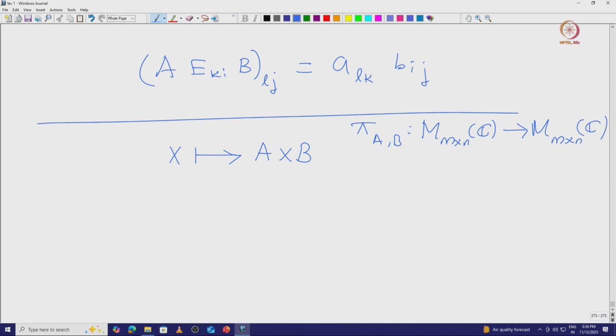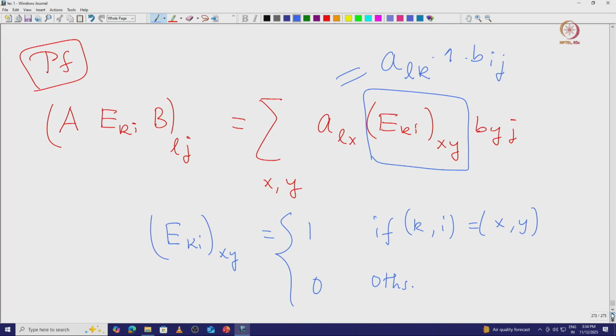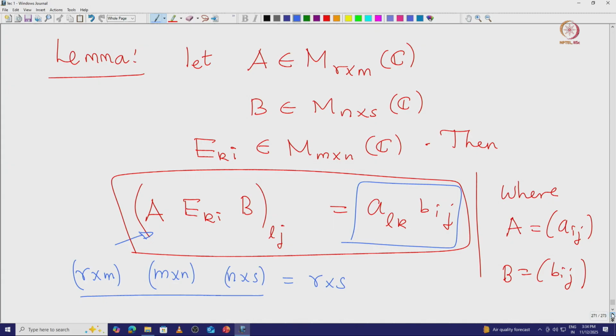To match these dimensions it is clear that we have to take A to be, let us go back, we want this r to be m and this s to be n. That means A comes from m by m matrices and B comes from n by n matrices.